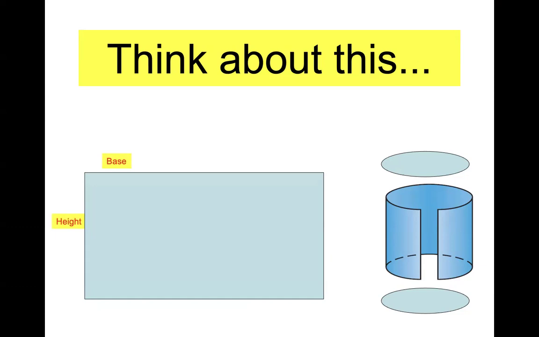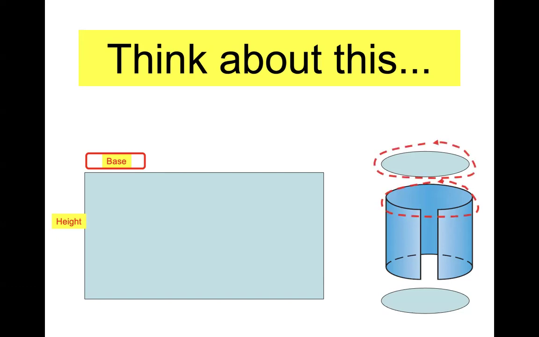But now let's think about where the base and the height of that rectangle on the left comes from on the cylinder on the right. If I think about the base, that dimension right there, and I curve that back to where it's supposed to go, that ends up being the circumference, right? The base right there ends up being the circumference of one of the bases. These two dotted red lines end up having the same distance.